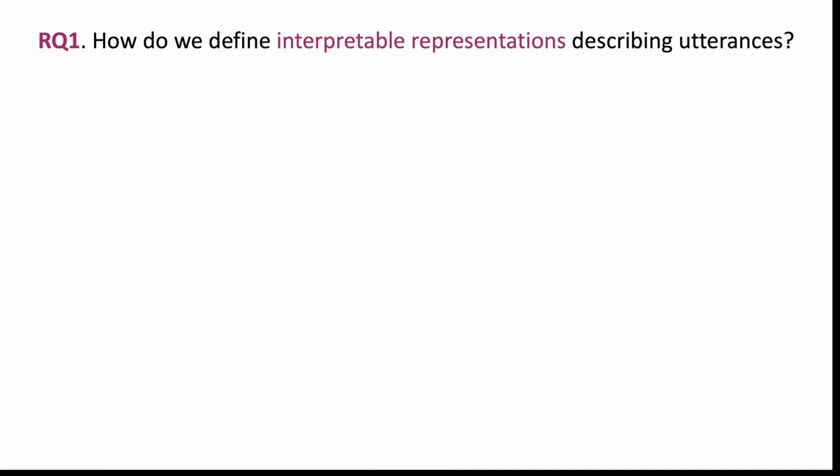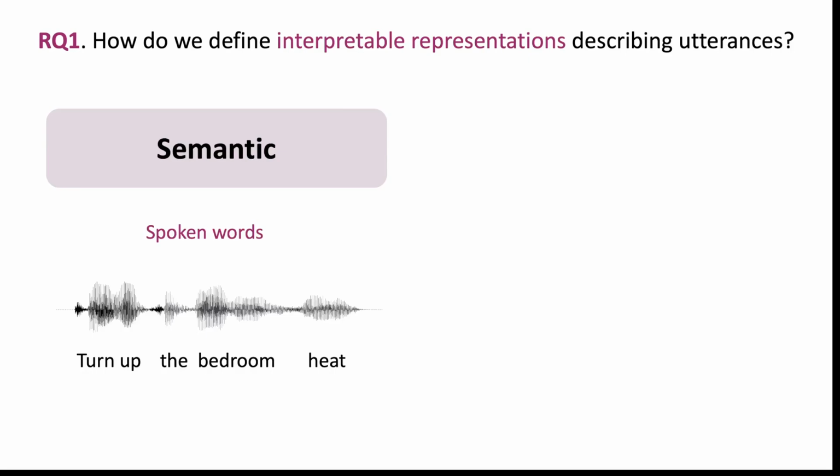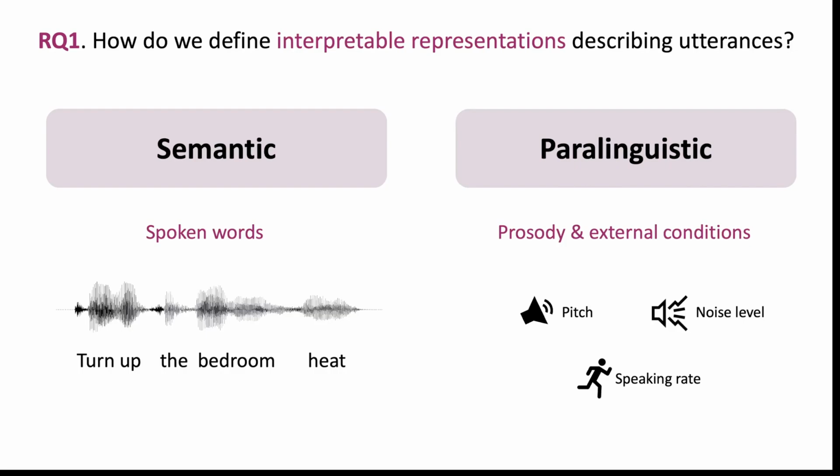So which are the components of the speech audio that we care about? On one hand, we have the semantic. We want to understand the impact of the spoken words on the predictions. But speech data is not just the semantic.